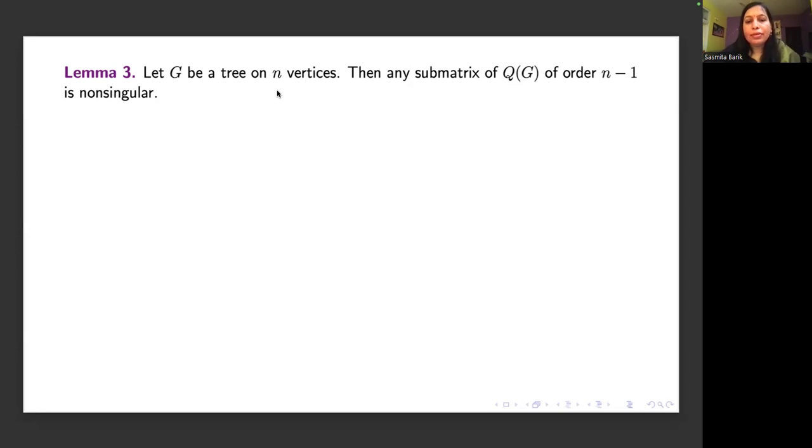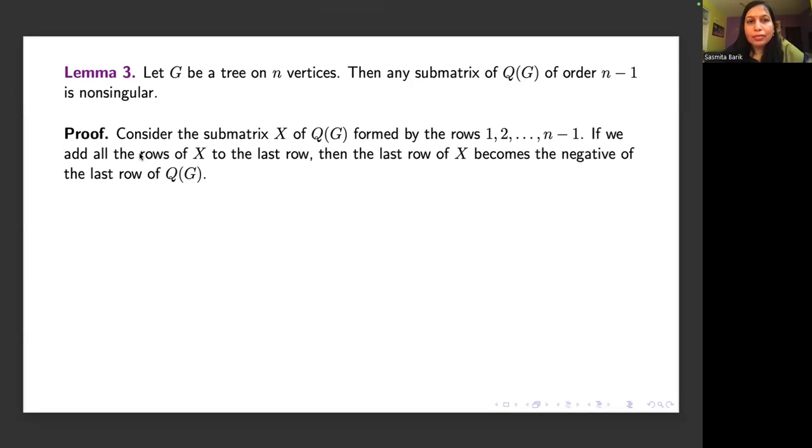Now, if you are choosing any square submatrix of order n minus 1, that means you have n minus 1 columns, and from the n rows, you are choosing n minus 1 rows. That matrix will be non-singular, meaning the determinant will be plus 1 or minus 1.